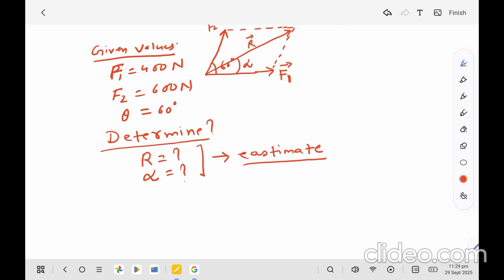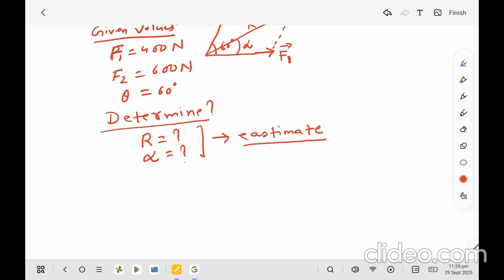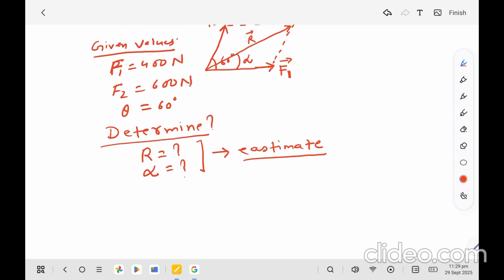Since forces can be represented by two sides of the parallelogram, the resultant force is nothing but the diagonal of this parallelogram.